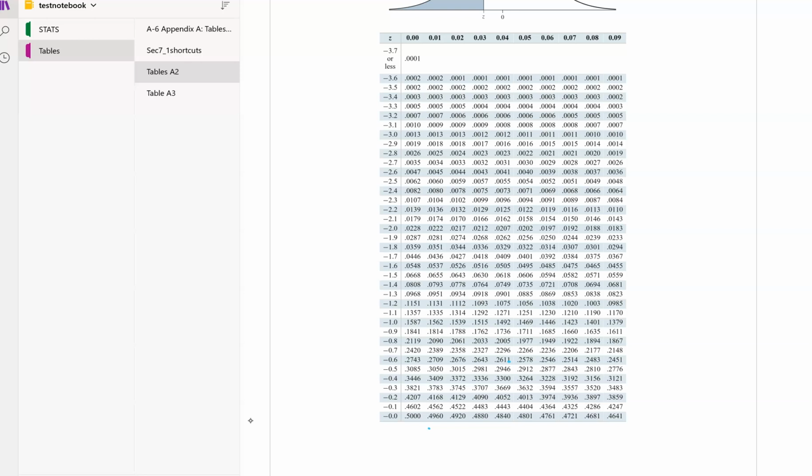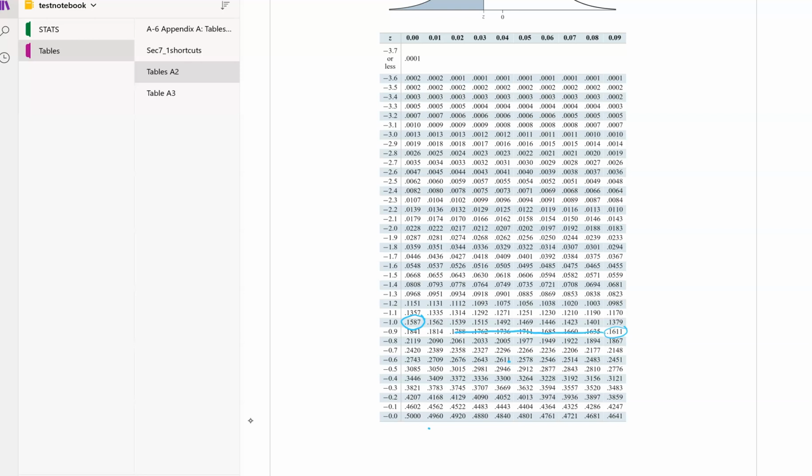So 0.16 is between 0.1587 and 0.1611. So I'm either here or here. Those are the two numbers closest. 87, that's 13 away. This is only 11 away. So this one's closer. So this is my answer.